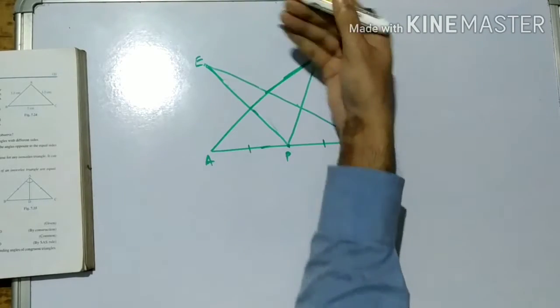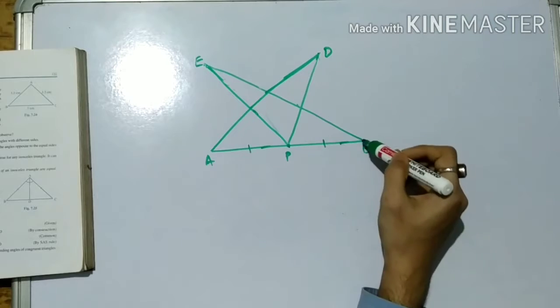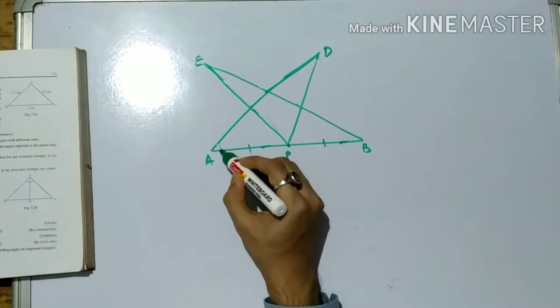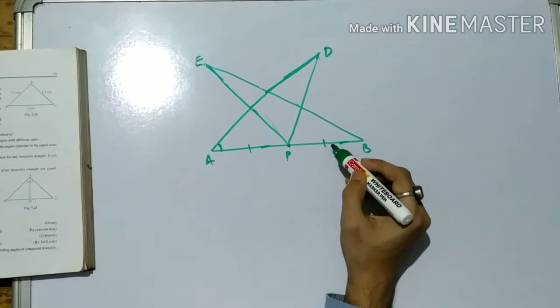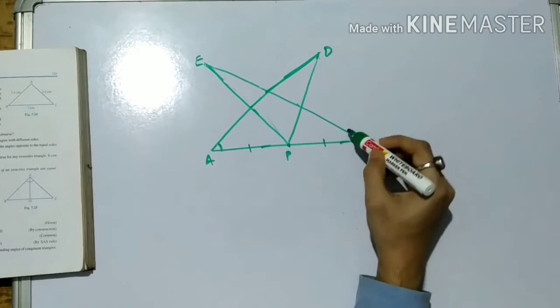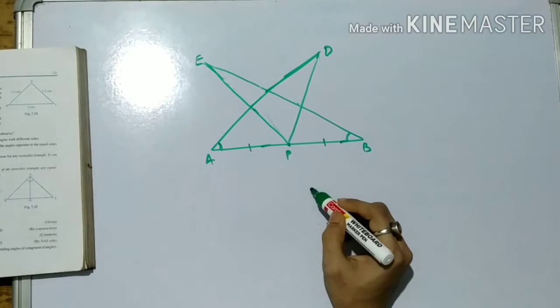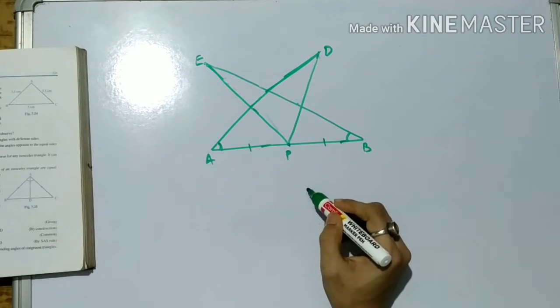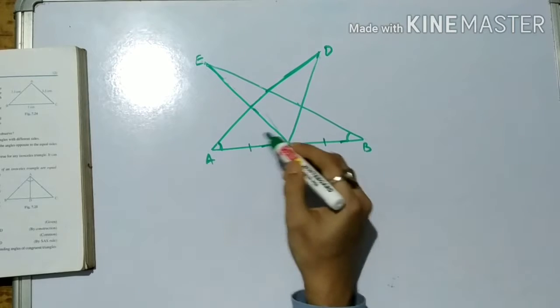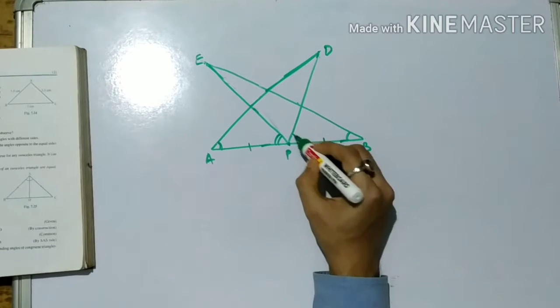That is, they are on the upper side, on the same side of AB, such that angle BAD, this angle, is equal to angle ABE, this angle. And angle EPA, this angle, is equal to DPB, this angle.